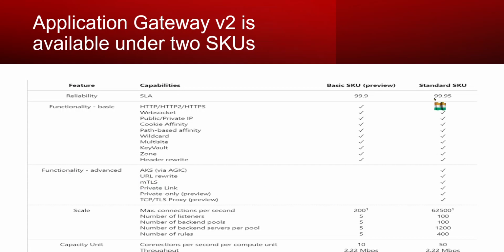If you see here, the basic ones don't support in the AKS URL rewrite. In the maximum connection, it has the number of backend pools. It supports the standard SKU. So there are two SKUs available.